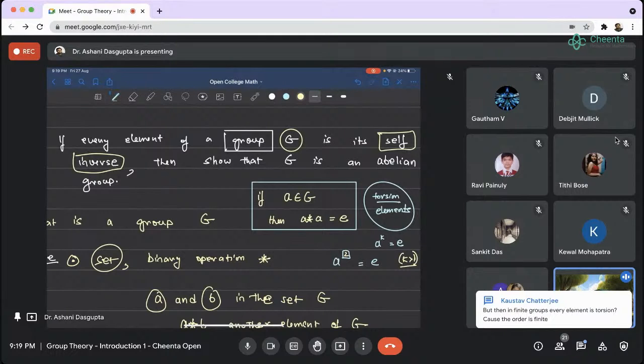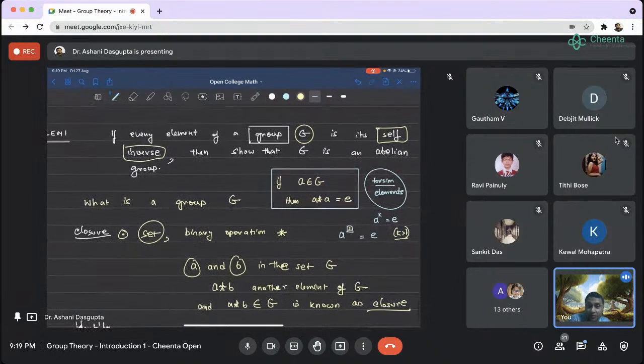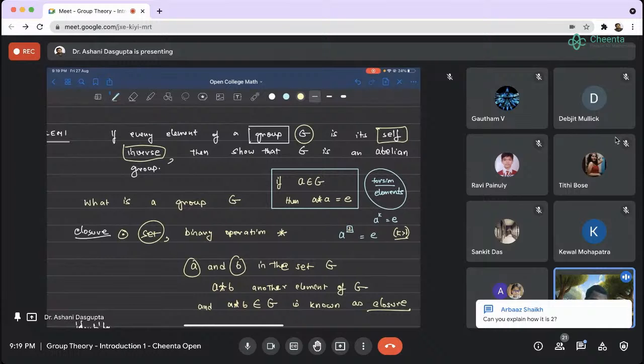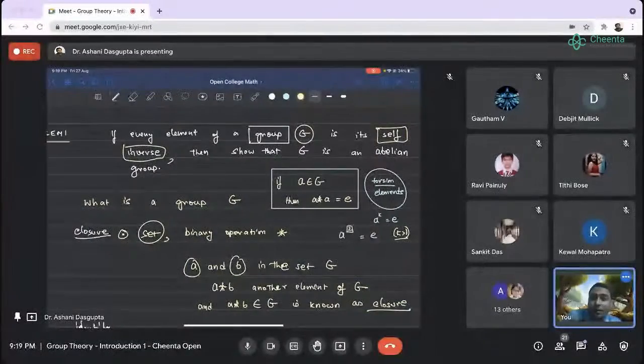Koustav is right. In finite groups every element is a torsion element. That's correct. But this is a very curious scenario where every element of the group G is self inverse. This is the condition given in the problem actually.